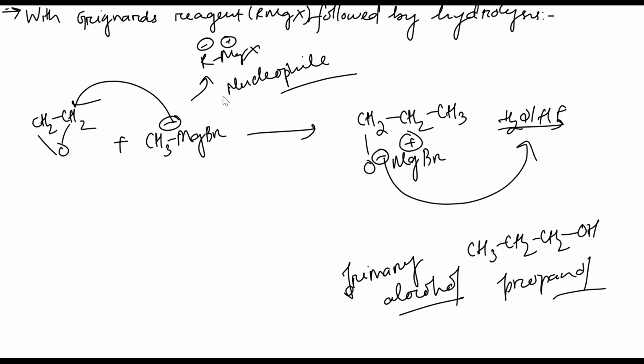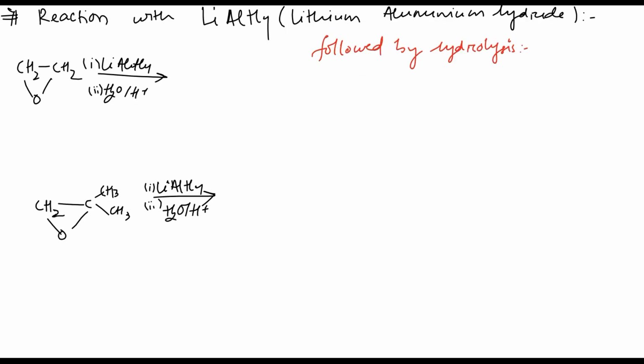Okay. The next reaction is with lithium aluminum hydride followed by hydrolysis. If we react with ethylene oxide, there will be formation of this AlH4 minus. Generally this hydride ion attacks, and let us consider that it attacks this carbon, and there will be formation of CH2 and attack of this hydrogen.